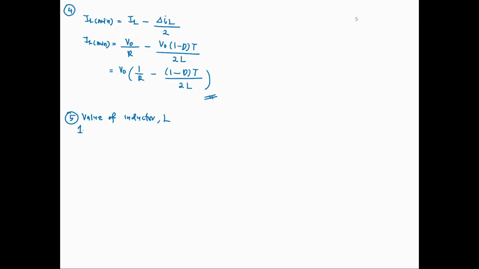Before using either approach, you need to know the minimum value of inductor that ensures the converter is operating in CCM. CCM, remember, is continuous conduction mode, whereby the current is always positive.